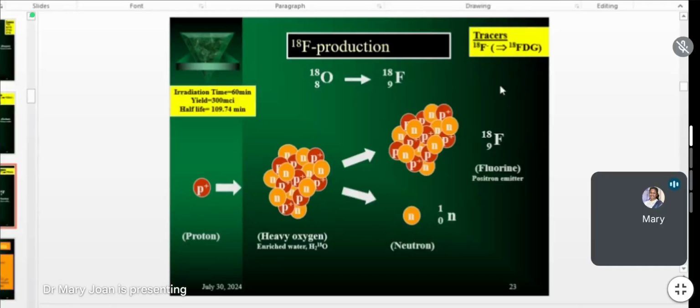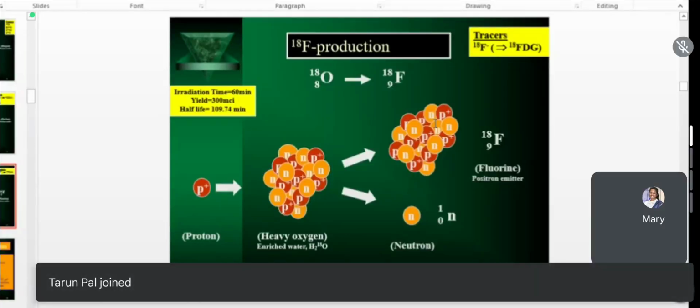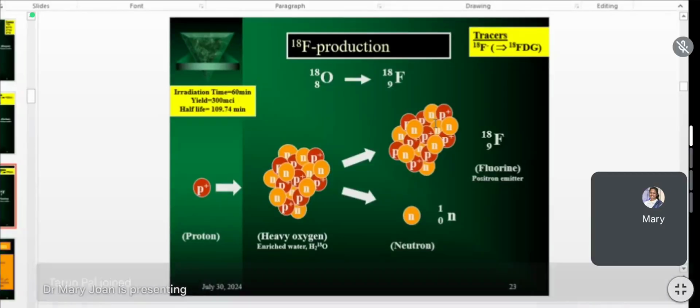And F18 is produced by bombarding oxygen with proton particles. So oxygen is bombarded with proton, we get fluorine 18 and 1 neutron. The target material which is normally used is heavy oxygen in the form of enriched water.